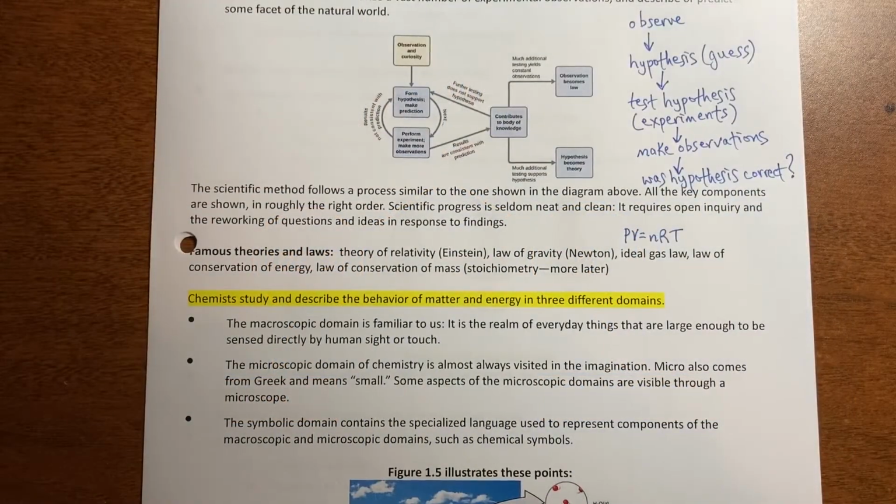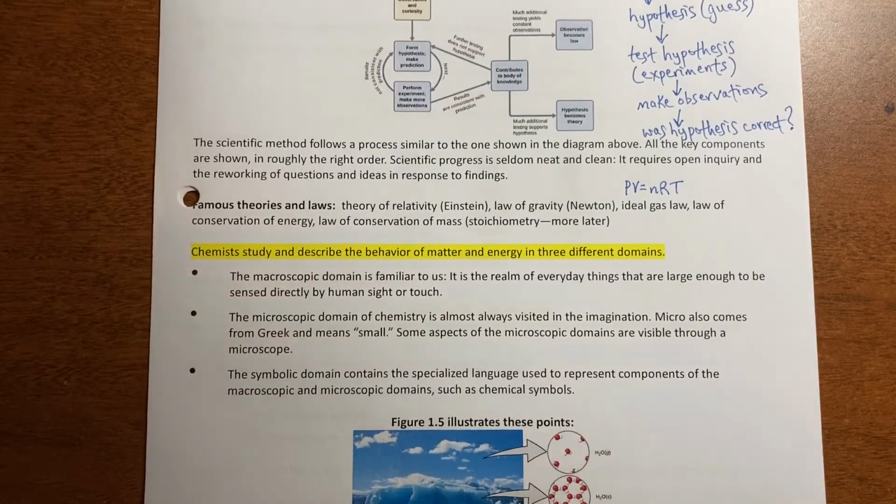So now that we've reviewed a little bit about the scientific method and what theories and laws are, let's move on to more chemistry-related topics. Your book talks about how we look at the universe from what's called a macroscopic perspective versus a microscopic versus a symbolic perspective. They call them domains.